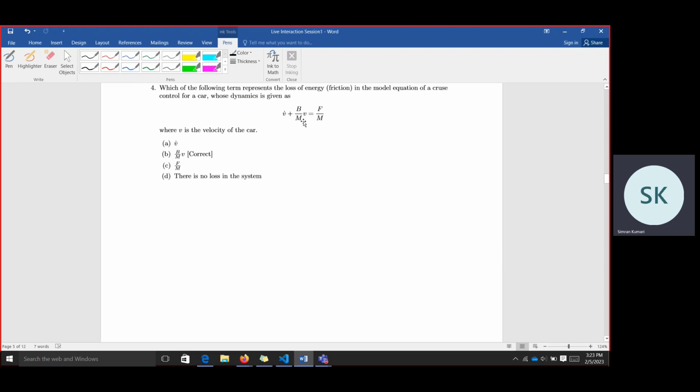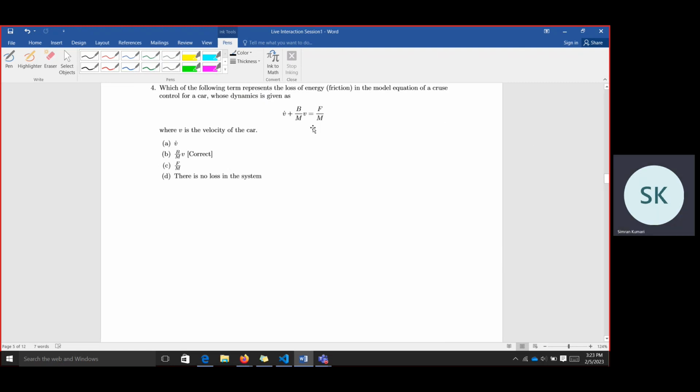Okay, so this is the dynamical system. Earlier we were dealing with systems and finding out what type of system it is, whether it's causal, dynamical, or linear. Now we have come to the dynamical linear time-invariant system.